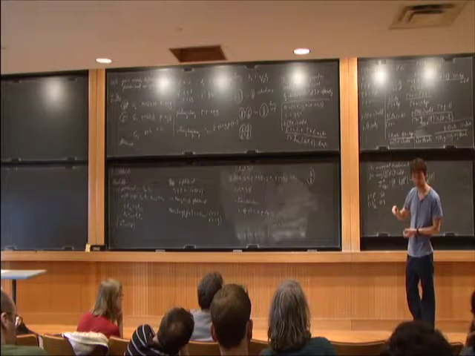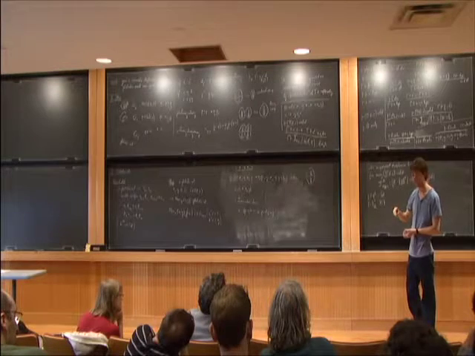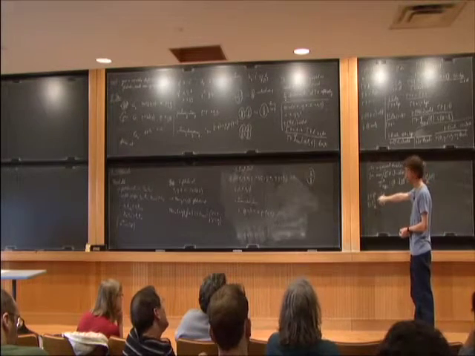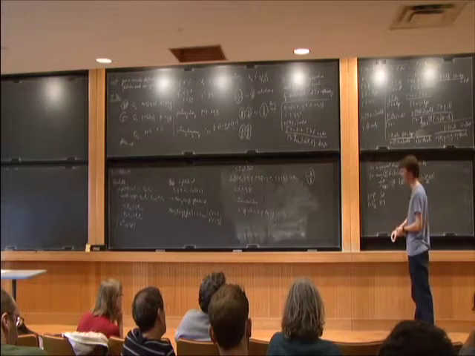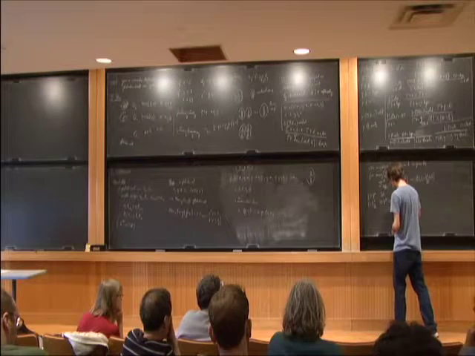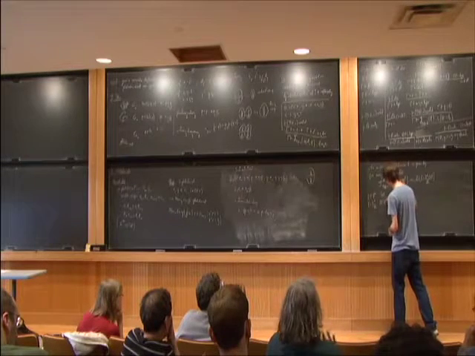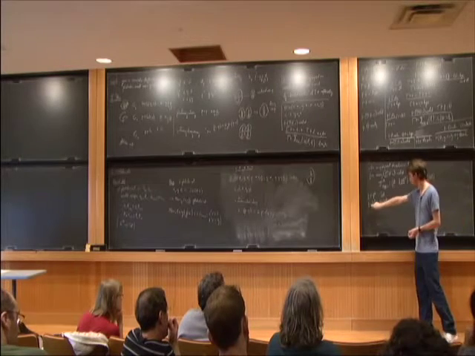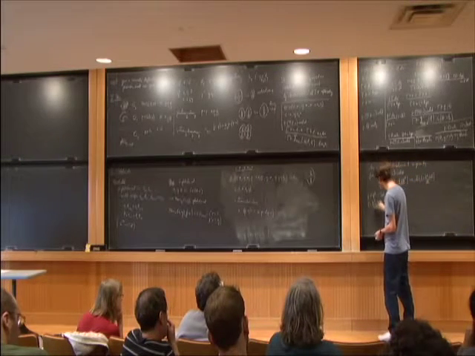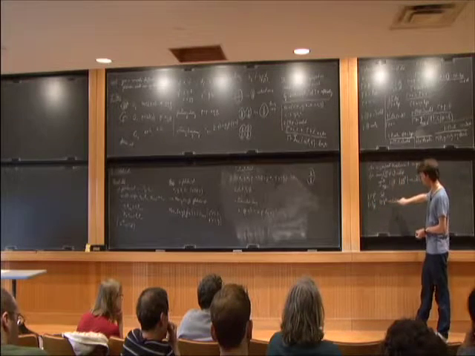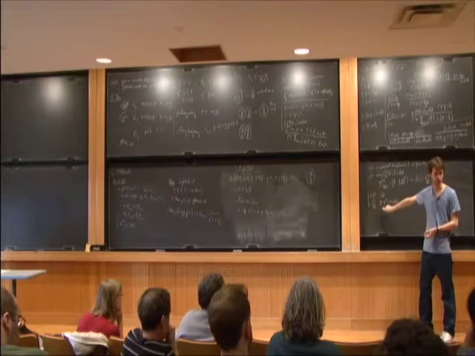So a context will be interpreted as a set. A type in the context gamma will be interpreted as a globular set for every element in the interpretation of gamma.